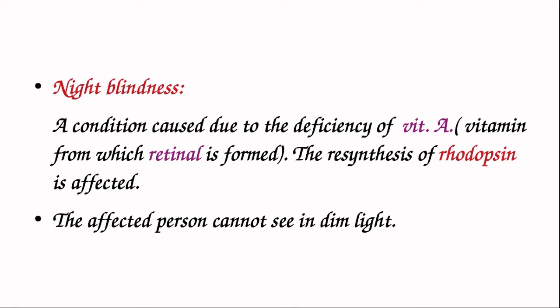That is a reverse reaction, and rhodopsin should be resynthesized for further vision. So in the absence of that, the resynthesis of rhodopsin is affected and the person cannot see in dim light.